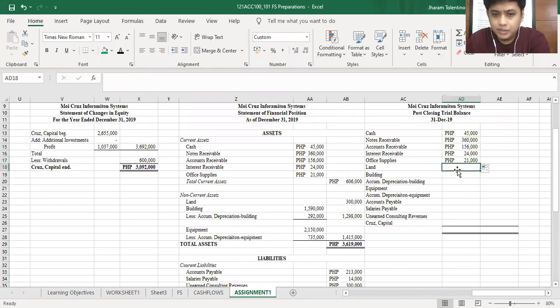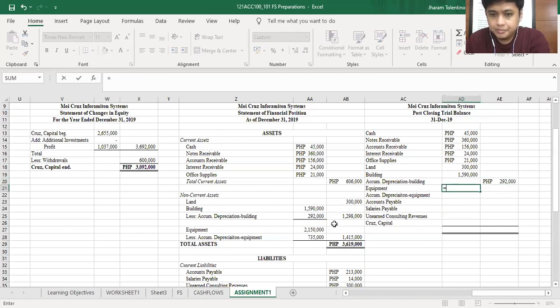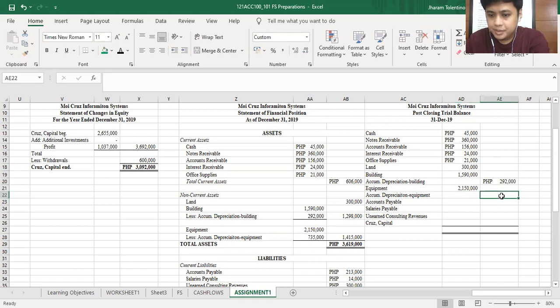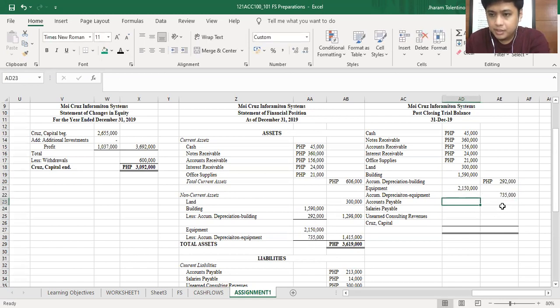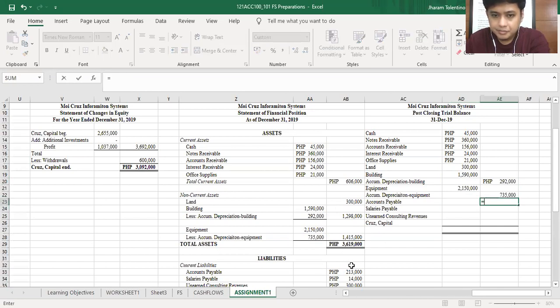Okay, and then we have land of 300,000. Building of 1,590. Accumulated depreciation 292. Equipment 2,150. 735. Accounts payable of 213.